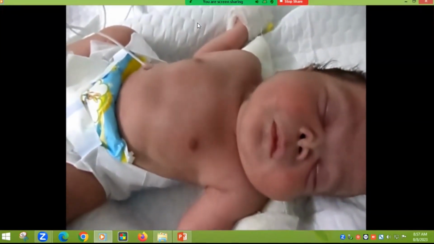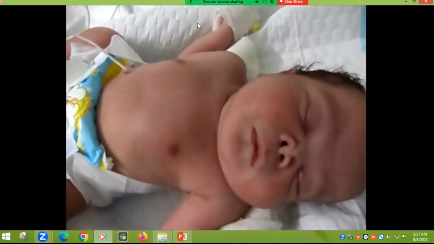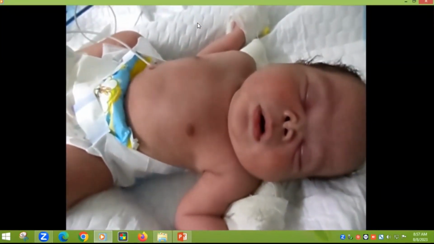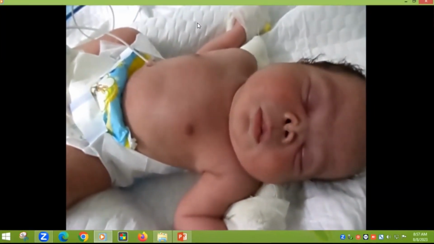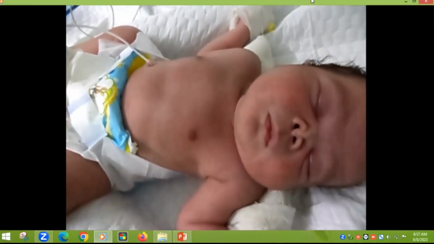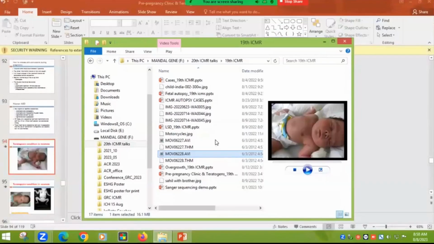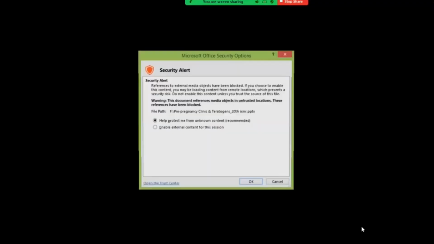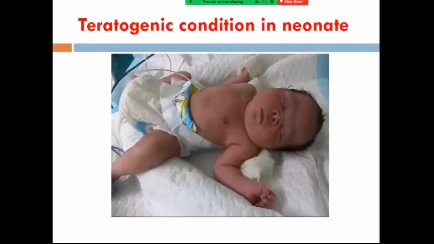This is stridor, right? Difficulty in inspiration. This is stridor. So what defect do you see in the baby?